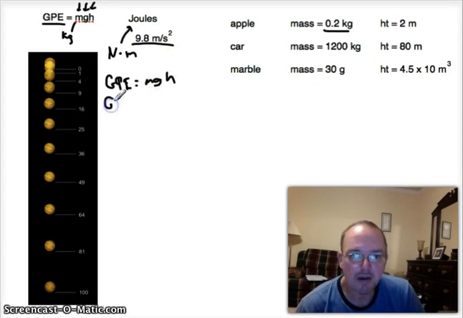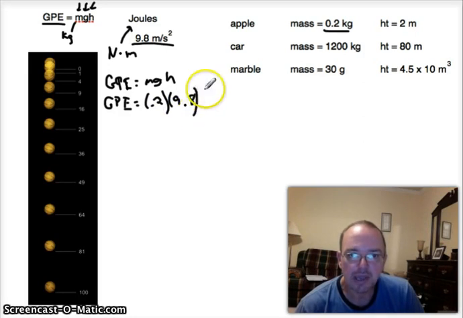Let's fill in the numbers: the mass looks like it is 0.2. The gravitational free fall is 9.8, just right above here, as we have mentioned before. And the height, let's see, looks like it is 2 meters.